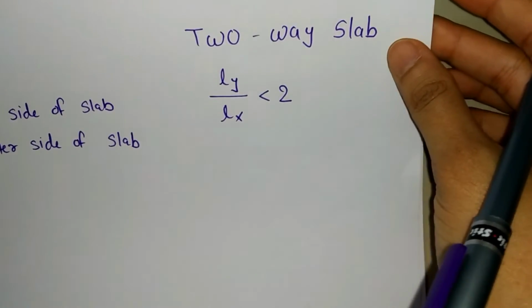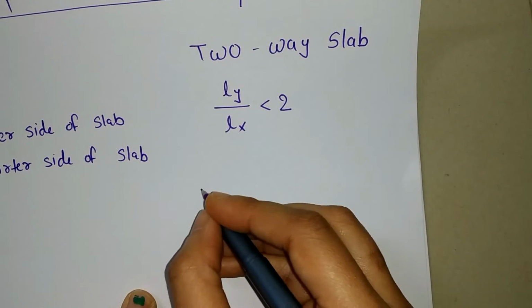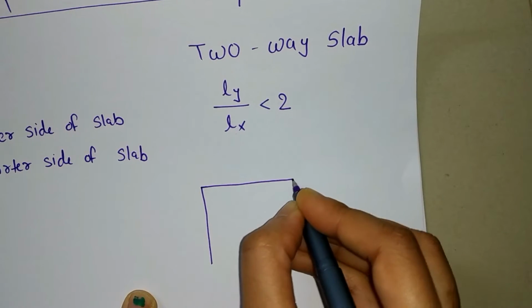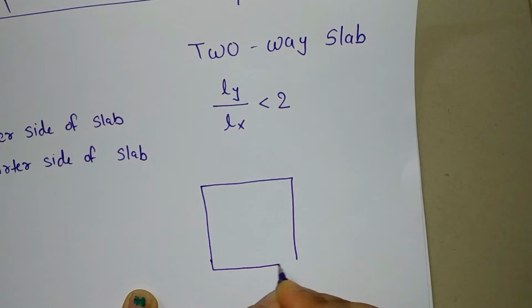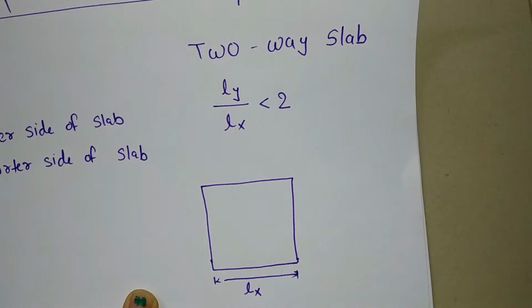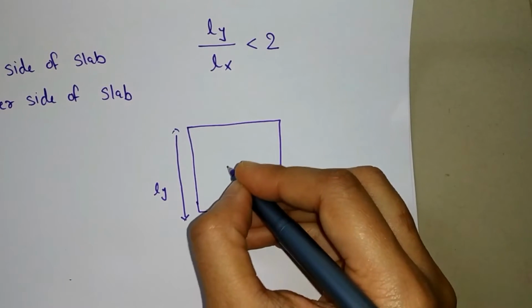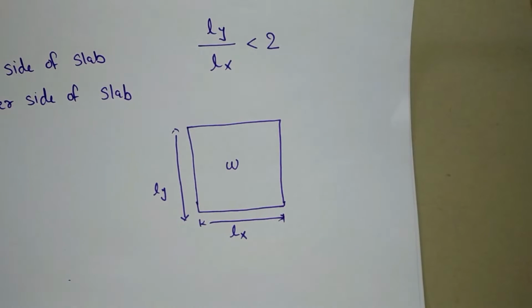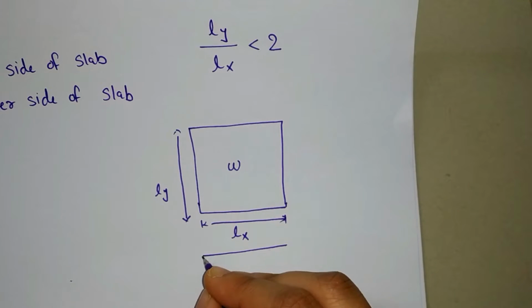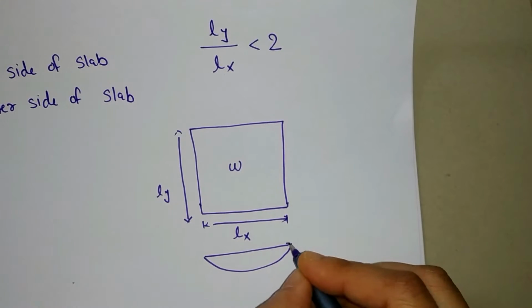And if I'm taking a two-way slab, okay, let me draw. This is Lx and this side will be Ly. Okay, then the two-way slab. This slab also has a W UDL in kilonewton per meter square. Okay, so a two-way slab will bend in both directions.